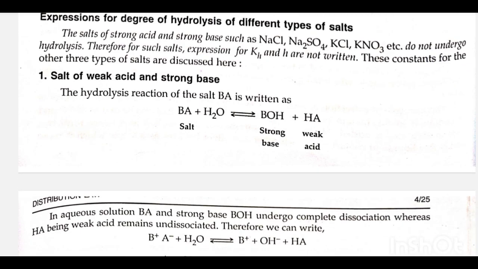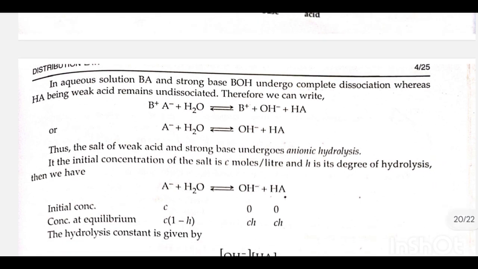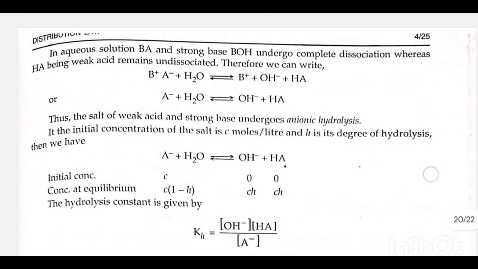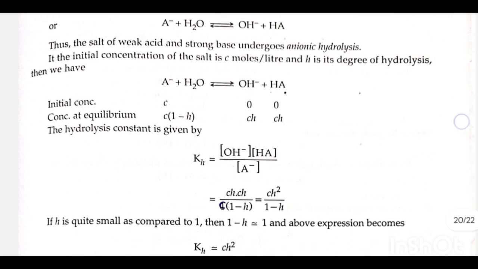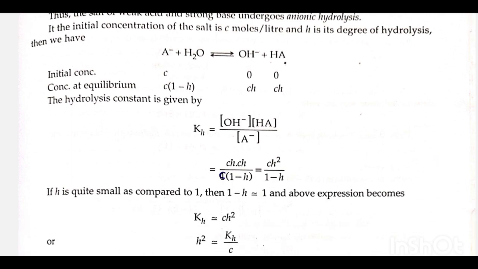The hydrolysis reaction of salt BA is written as BA plus H2O is BOH plus HA. In aqueous solution, BA and strong base BOH undergo complete dissociation, whereas HA, being a weak acid, remains unassociated. Thus, the salt of weak acid and strong base undergoes anionic hydrolysis. If the initial concentration of salt is C moles per liter, and h is its degree of hydrolysis, initial concentration C.